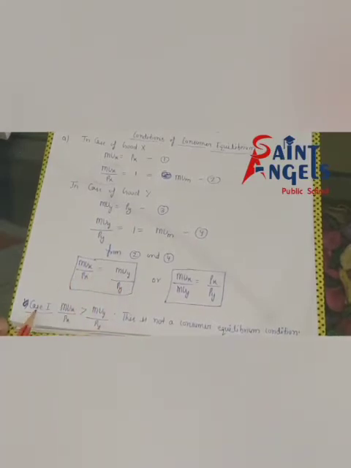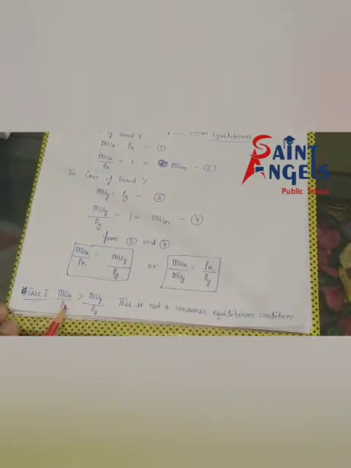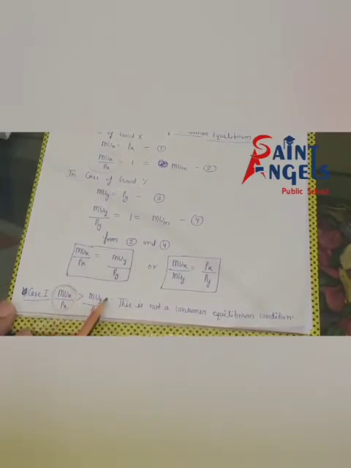But see, case first means exception case. Exception case means here MU x upon Px is greater than MU y upon Py. We are considering this marginal utility in terms of money in case of good x, and we are considering this marginal utility in terms of money in case of good y.